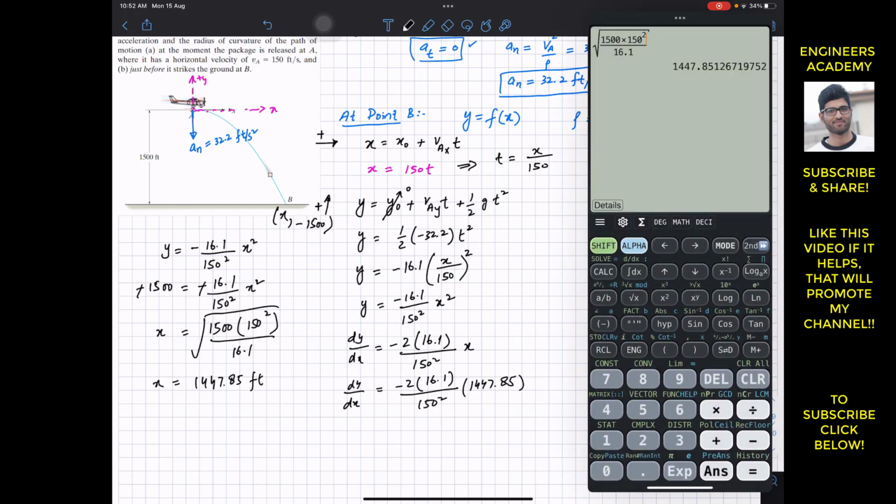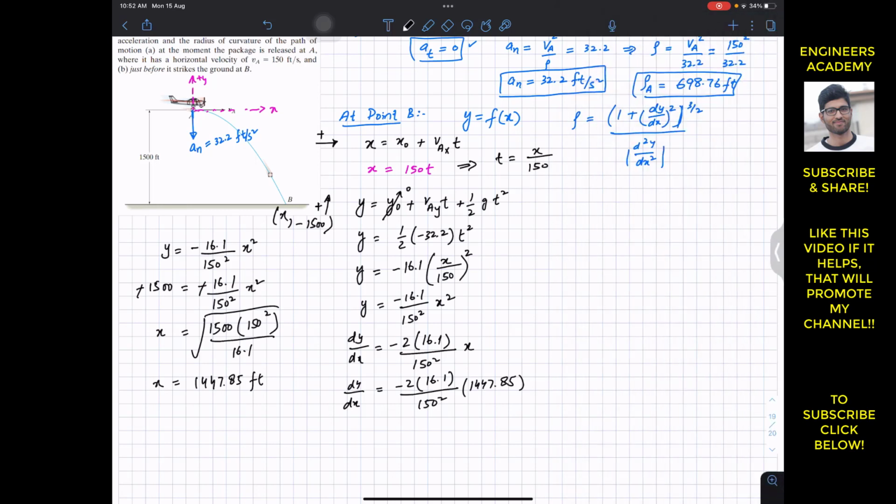So this gives me dy by dx equals minus 2.072.